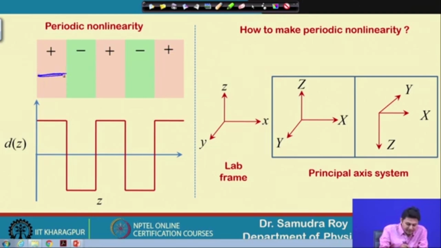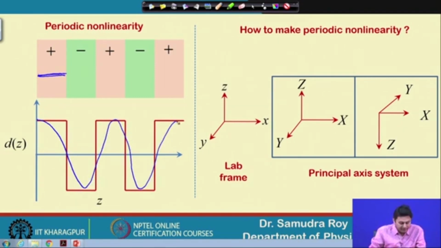For sinusoidal case, if I plot here, the variation will be something like this. This is roughly the sinusoidal variation. But the sinusoidal variation can be approximated by these step like functions, because we know that from here to here, which is from this point to this point, what happened, the d value will remain constant. So, there will be no change in d value as shown here.